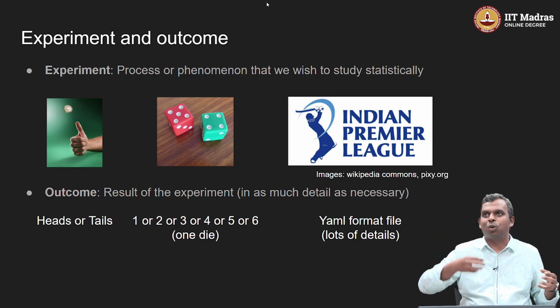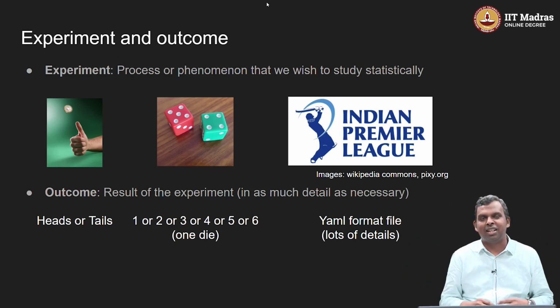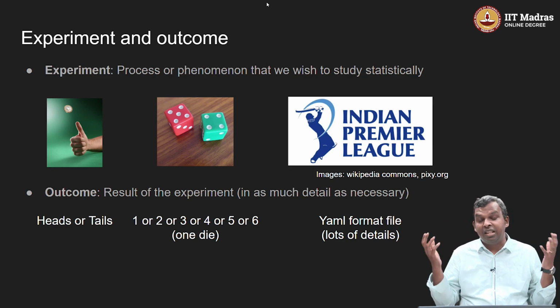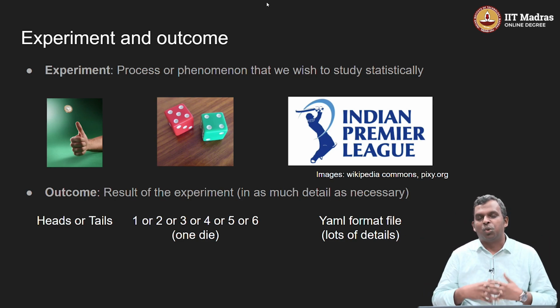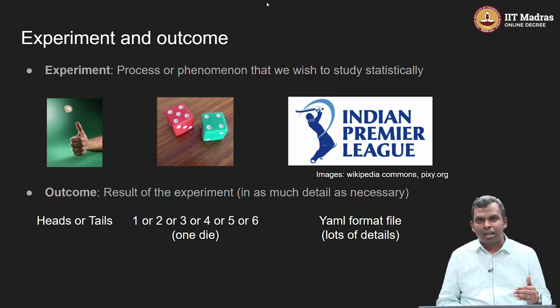How much did it rain? What was the pressure here? What was the pressure there? People send balloons up in the air. So you can measure whatever outcome you want and collect as much detail as you want. Whenever you want to study statistically, the experiment is something like the phenomenon that you want to observe. Hopefully you get this sense.